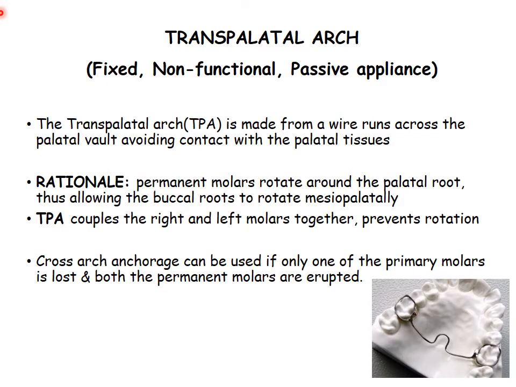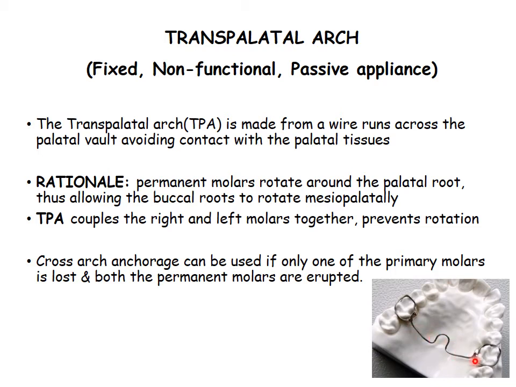The transpalatal arch is made up of wires, as you can see in this picture, which run across the palatal wall, but there is no contact with the palatal tissues.